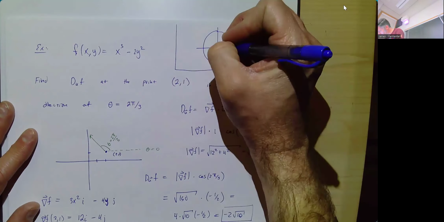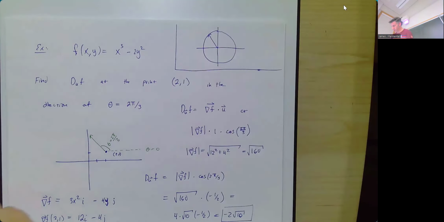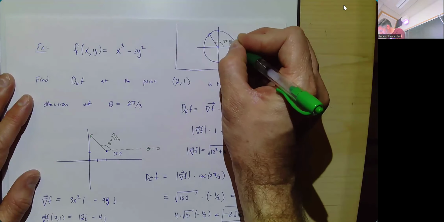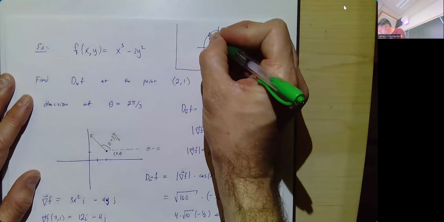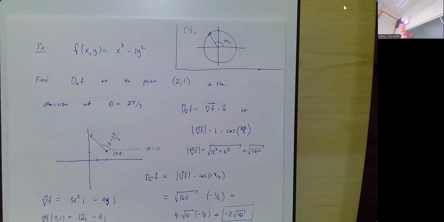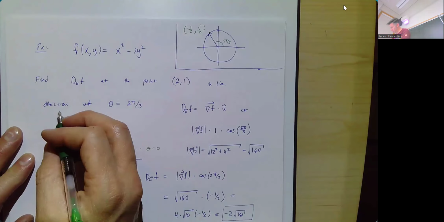On the unit circle, if my angle is 2 pi over 3, the x coordinate is negative 1/2. Anyone know what the y coordinate is? It always goes with 1/2 on the unit circle. Square root of something over 2. Square root of 3 over 2.